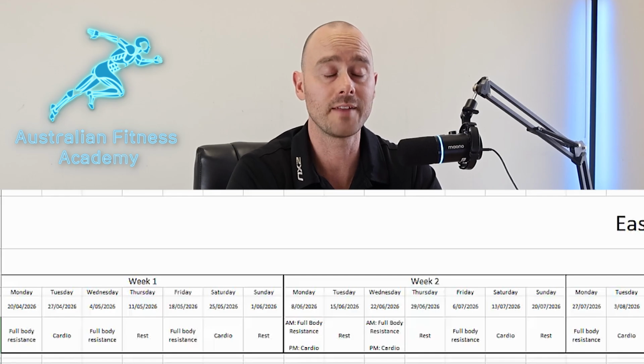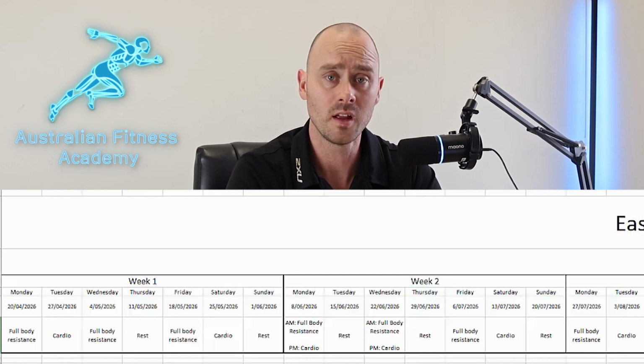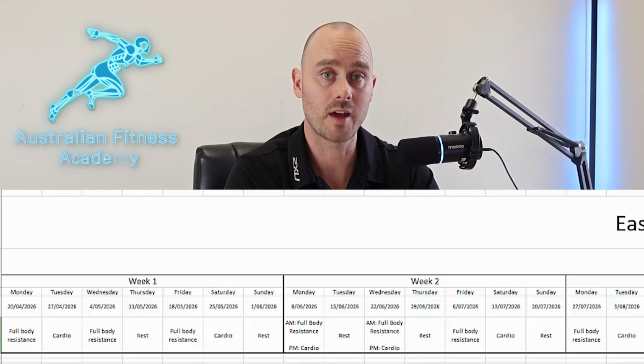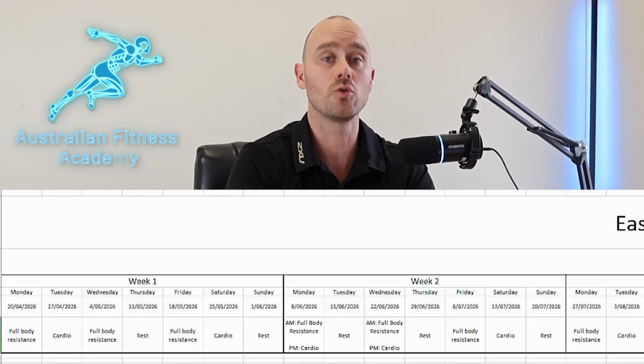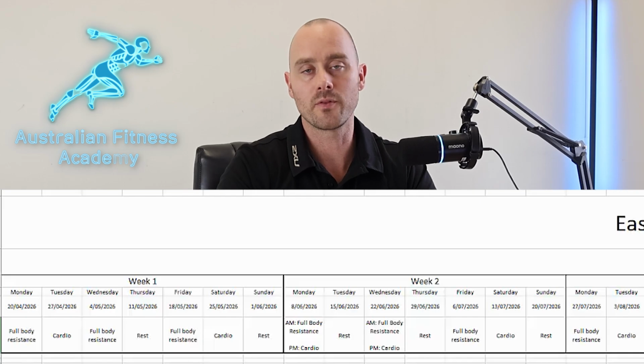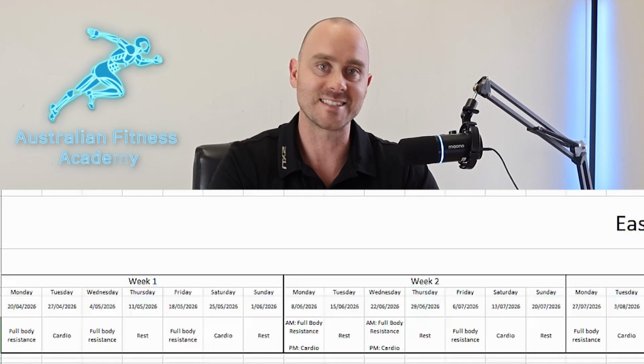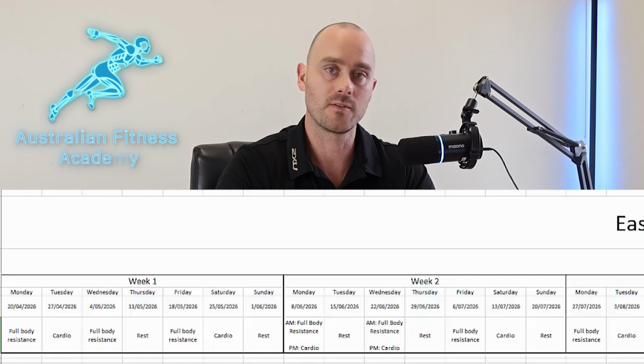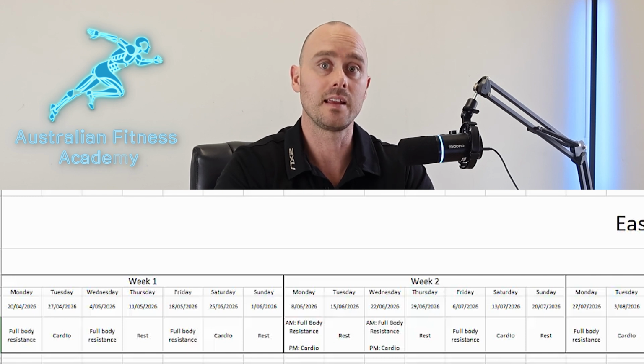Depending on their goal, if it's a general fitness goal, you can definitely put resistance training and cardiovascular training in the same session. You may not be able to do an hour or 45 minutes of long, slow distance cardio, but a little HIIT circuit at the end of a session for maybe 10 to 15 minutes is definitely doable.